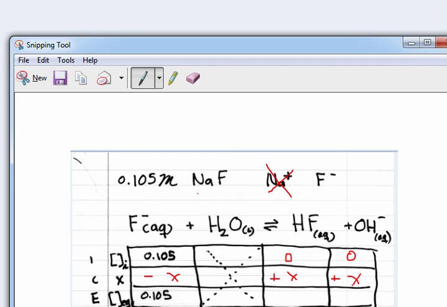So what I need to do now is fill in the bottom row of the ICE chart, which is just the sum of the first two rows. At equilibrium, my concentration of fluoride is going to be 0.105 minus x, and my concentrations of hydrofluoric acid and hydroxide are going to be equal to x and equal to one another.